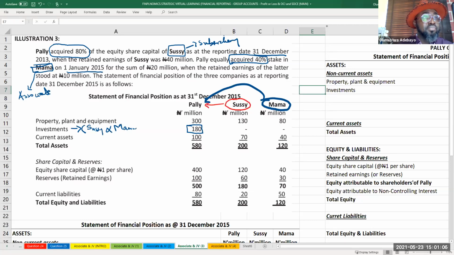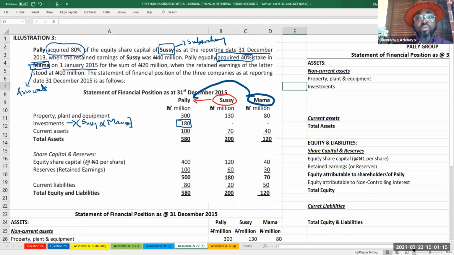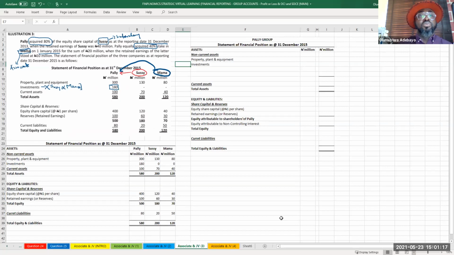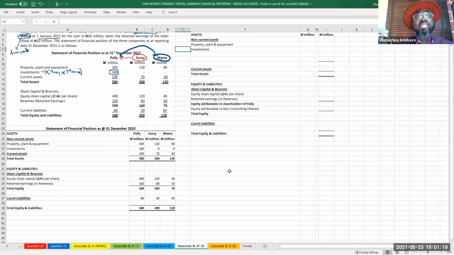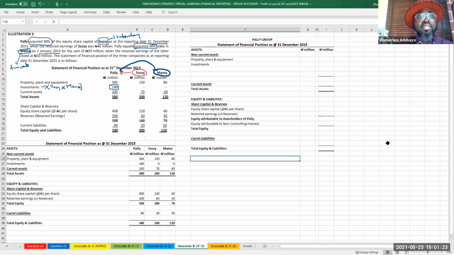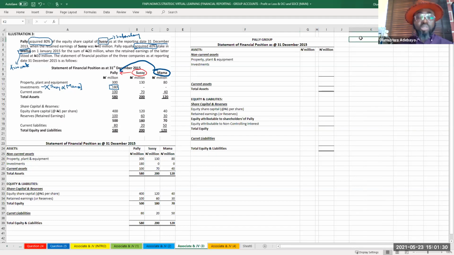Mama. Therefore, what can we do? Is for us to analyze the investments, let me come to the side, working notes.